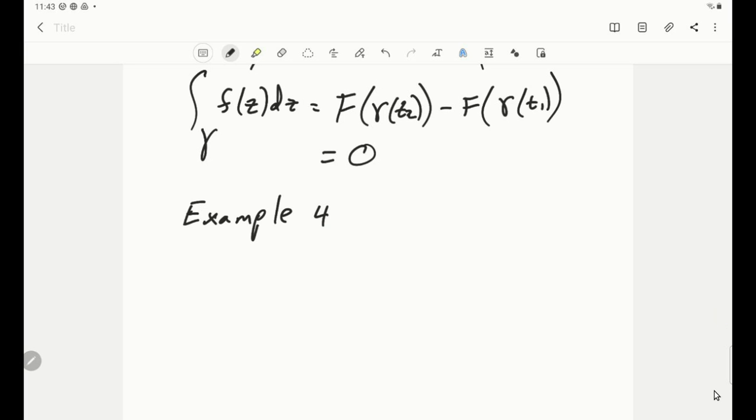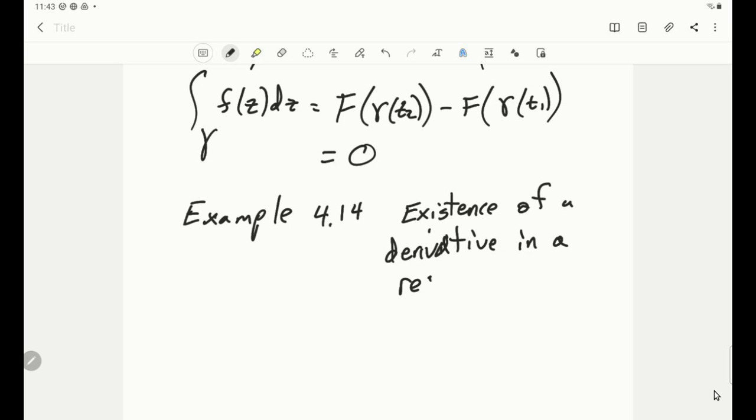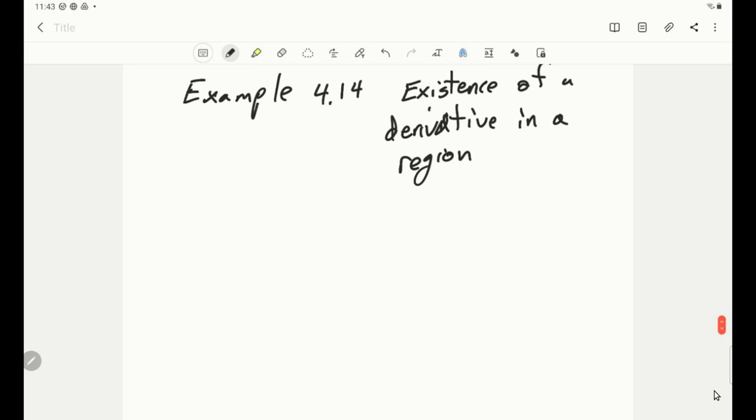Example 4.14. They're looking for existence of a derivative in a region. Could be like a closed disk or something like that.